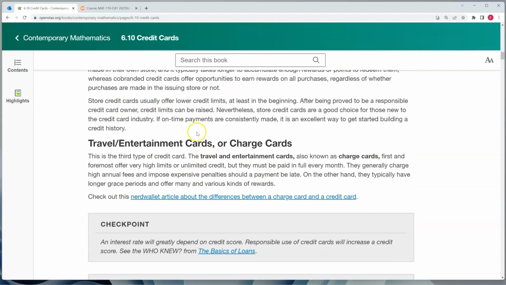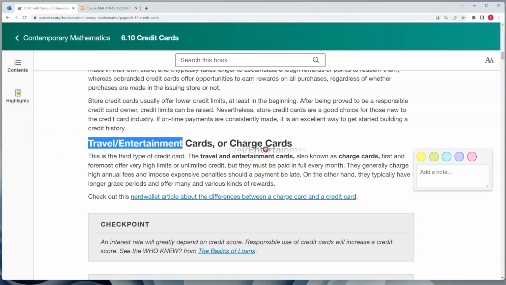And then you have travel and entertainment cards. Again, I think those are even more rare nowadays. They generally charge high annual fees and impose expensive penalties should a payment be late. This could be like an Experian or Travelocity type credit card where you're getting those points for traveling and stuff.